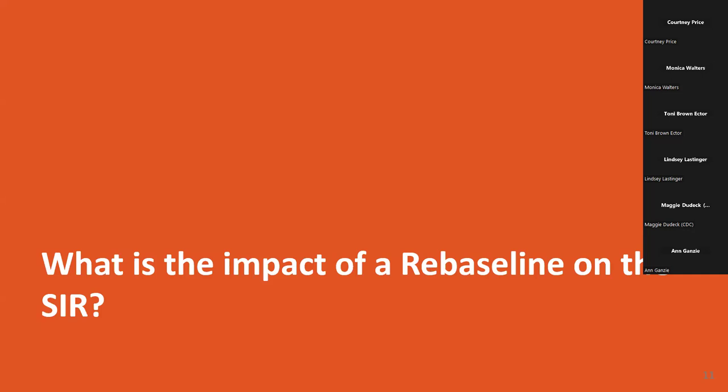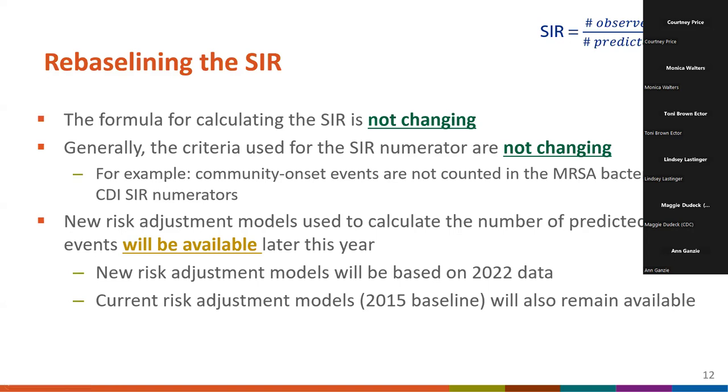Okay, so now that we know a little about the SIR, we're going to talk about what will change and what will not change with the SIR as a result of the rebaseline. First, rest assured that the formula for calculating the SIR will not be changing. This is the formula that we just went over. It appears at the top of the slide, and it is the number of observed HAIs divided by the number of predicted HAIs. So you've got that down.